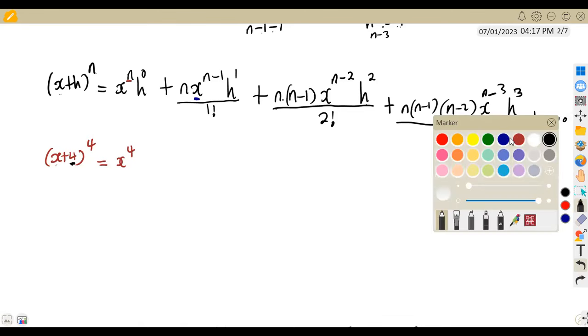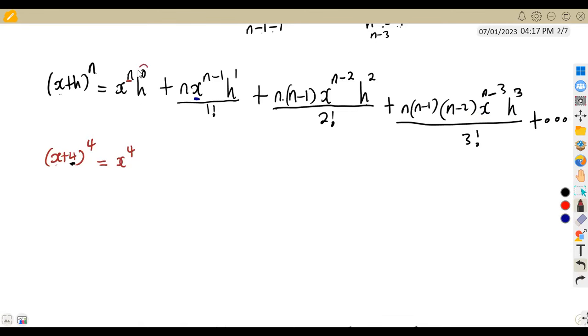Just take h to the exponent of 0, which is 1. But for the simplification part, so that we understand, it is supposed to be like this: 4 to the exponent of 0. All right, we move on to the next term.